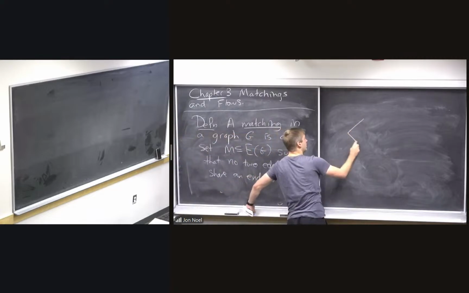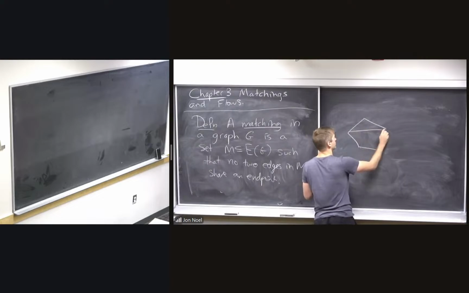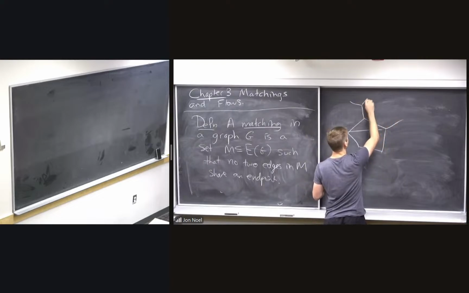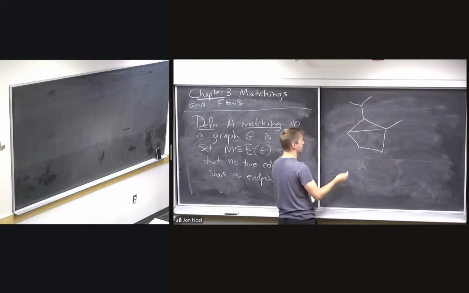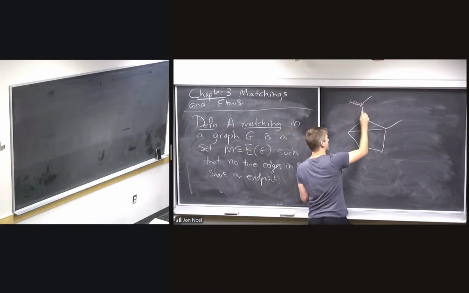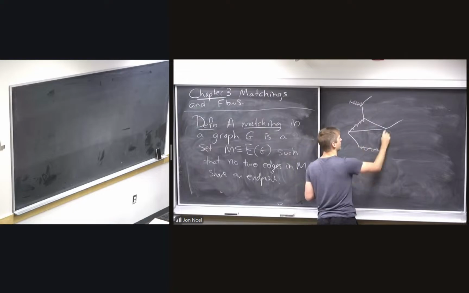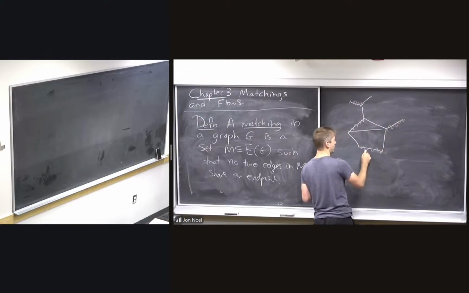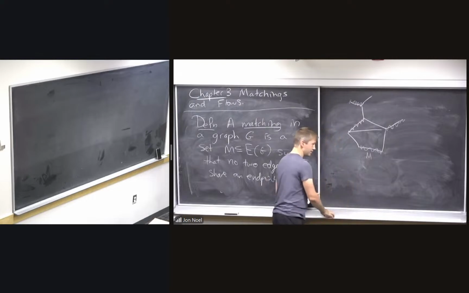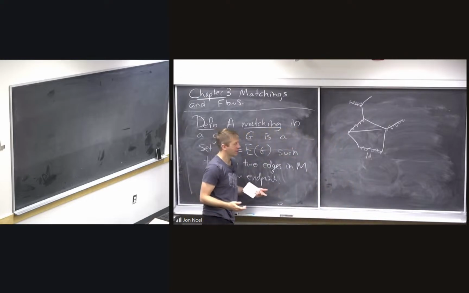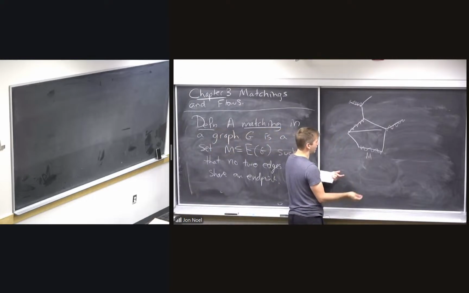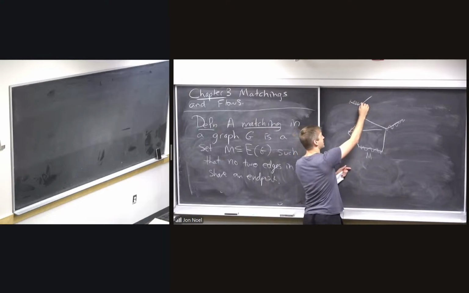So if this is a graph, and I color these edges red, these red edges would form a matching. If I add this edge, then these two edges share an endpoint.